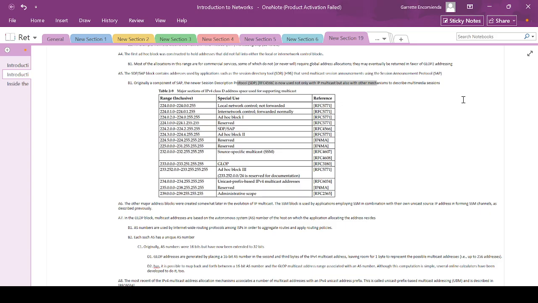If your app needs to support multicast session announcement, you may need to implement this protocol.